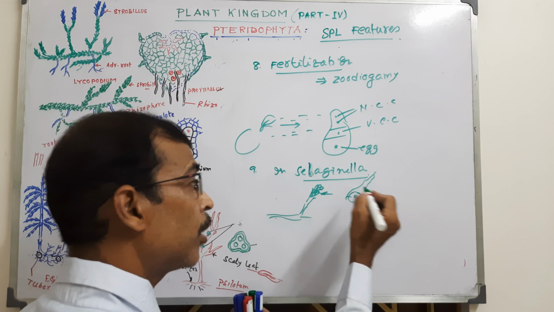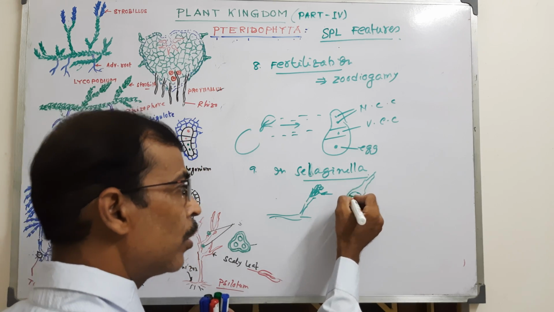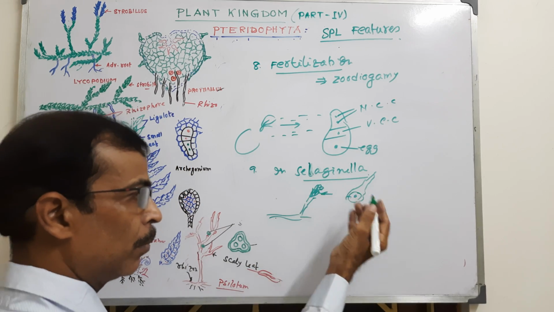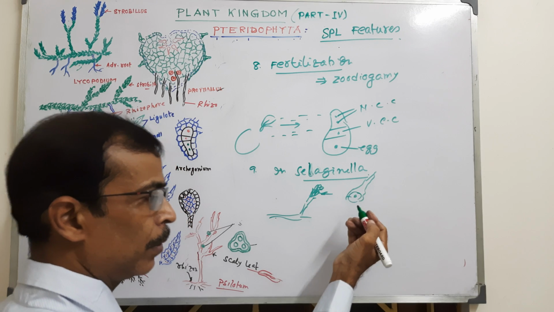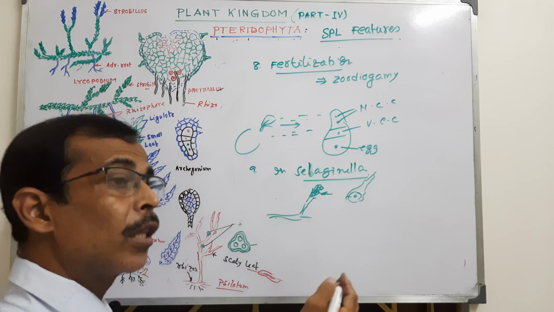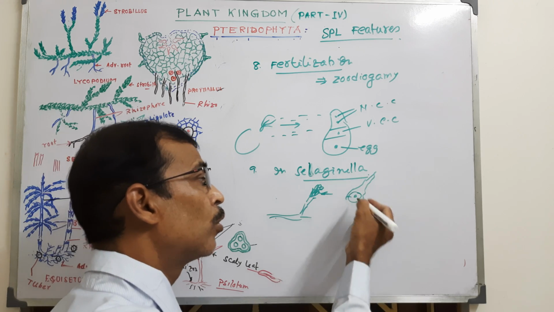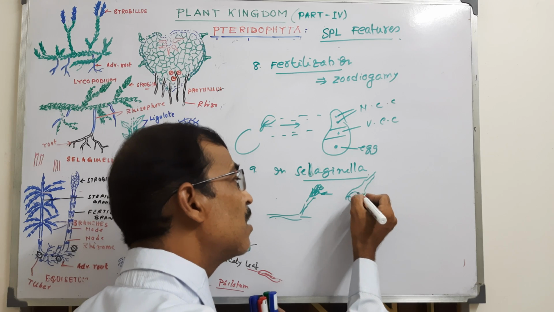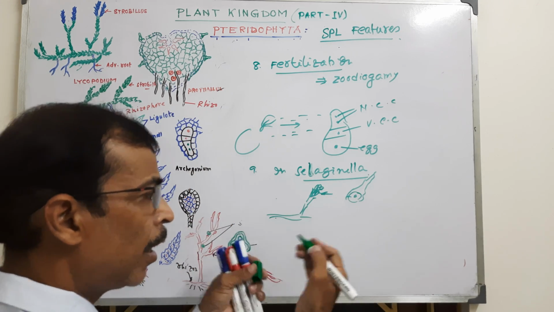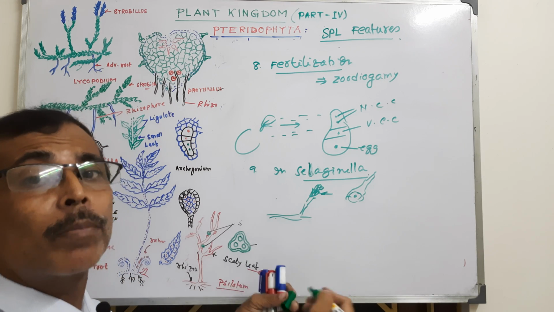But here the germination of spore takes place within the sporangia to form the female gametophyte, with the female organ, the archegonia, and within the archegonia the zygote develops into the embryo, while the archegonia is still attached to the sporophytic body. This is a higher characteristic feature, and it indicates the precursor of the seed habit.